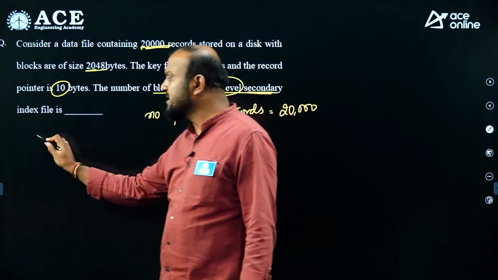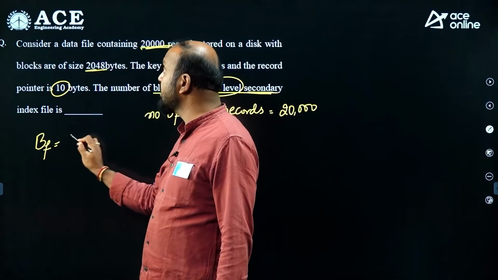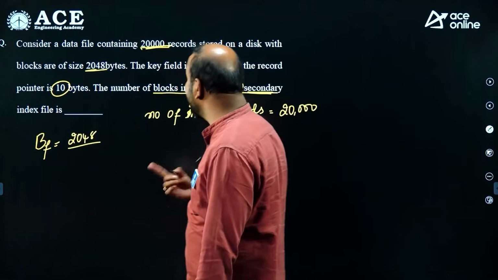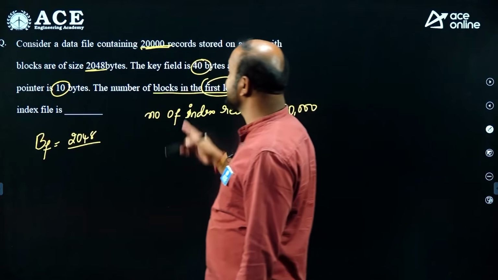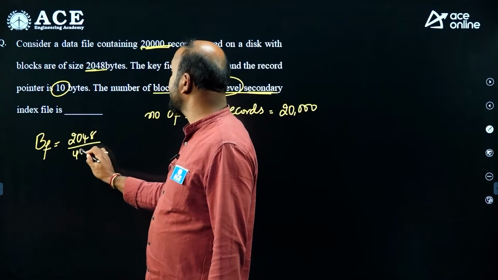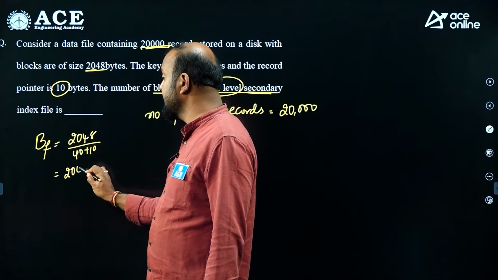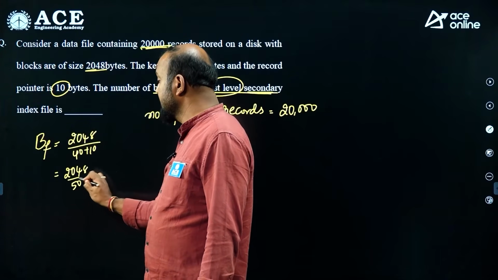Now, what should be the blocking factor for the index file? Block size by record size. Block size 2048 by index record size. Index record size is key plus pointer, that is 40 plus 10, how much? 50. That is 2048 by 50.